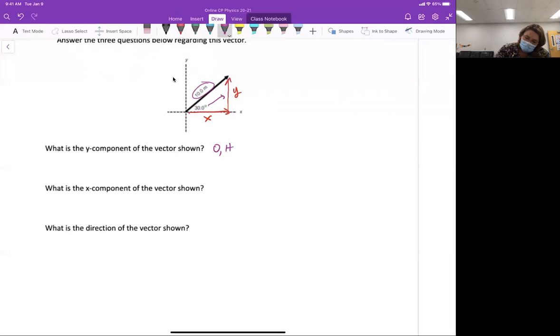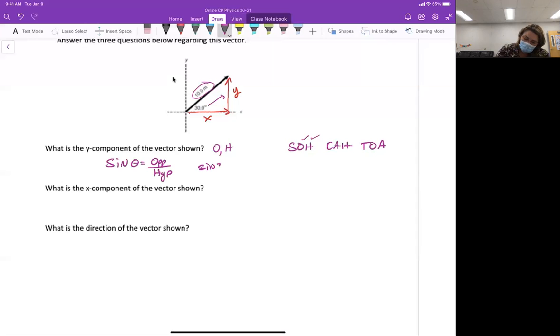So which one of my trig functions should I use? Well, I know the opposite and the hypotenuse, and I'm looking for that particular angle, so I'm going to use sine. So sine of theta is equal to the opposite side over the hypotenuse. Okay, what's my angle? My angle is 30 degrees.